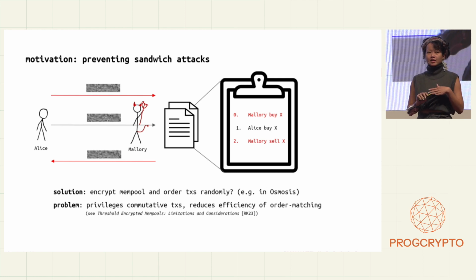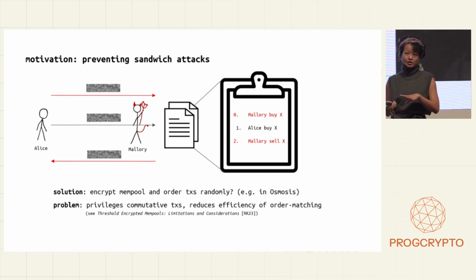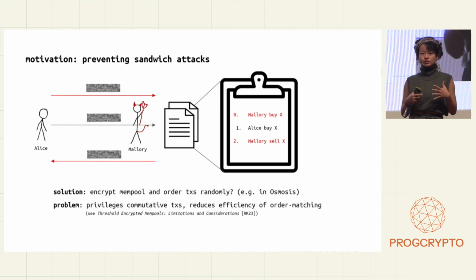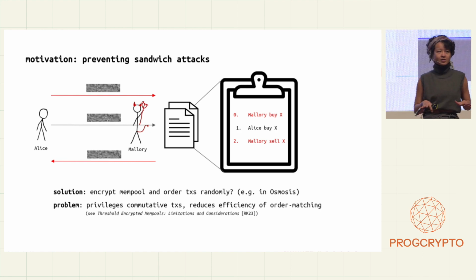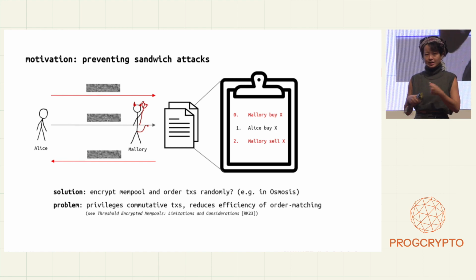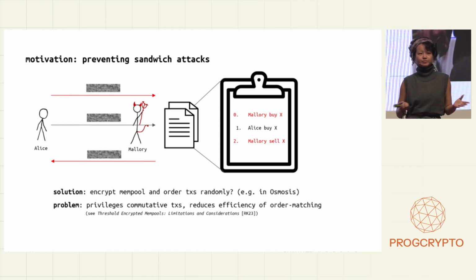And secondly, this random ordering actually privileges the transactions that are commutative. So transactions that do not depend on any ordering will still execute perfectly fine, whereas transactions that rely on coming immediately after another transaction might revert.